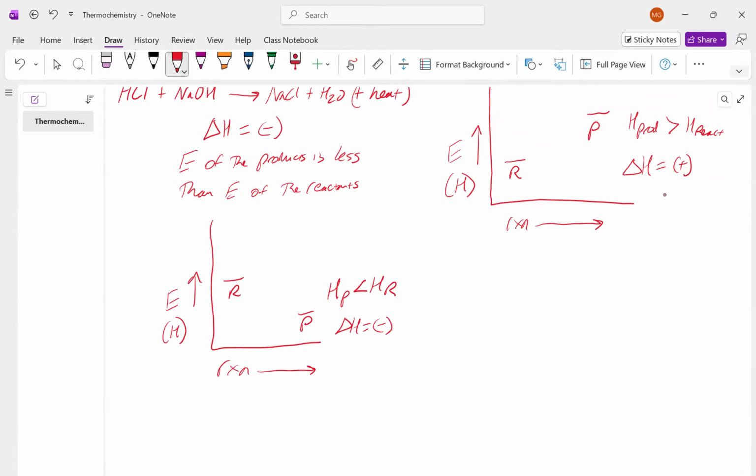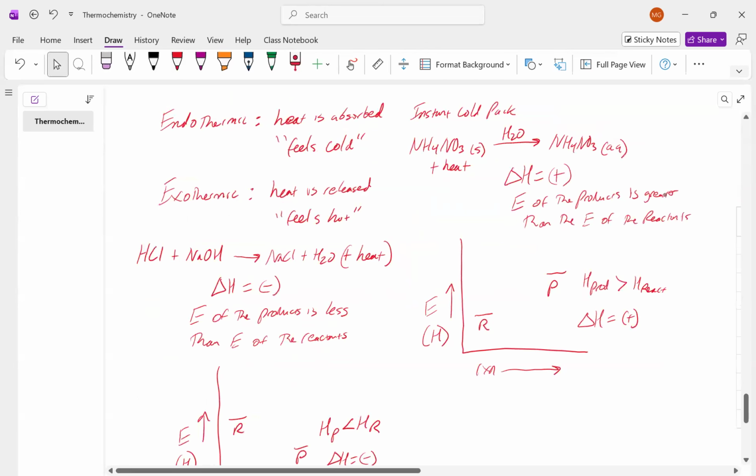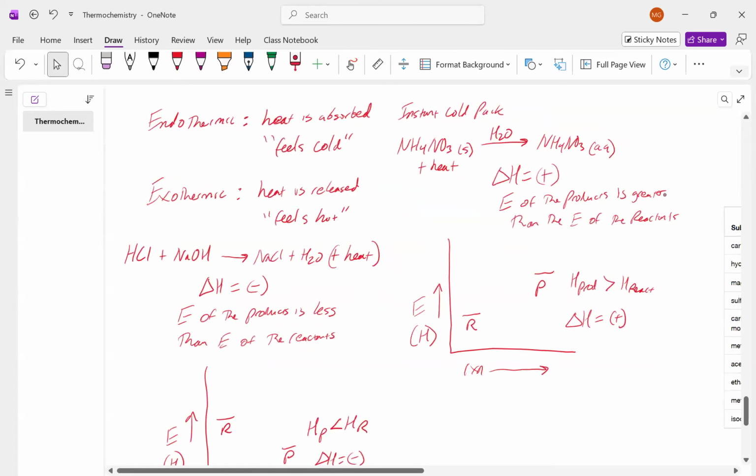It's important to know these two terms, exothermic and endothermic, because we're going to use them quite a bit. You need to associate that relationship of energy, or heat, being absorbed in an endothermic process or being released in an exothermic process.